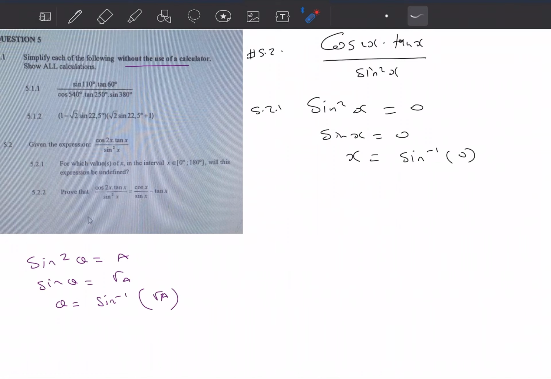But it's a value, and there are other values that you can get. So this is a trigonometric equation.